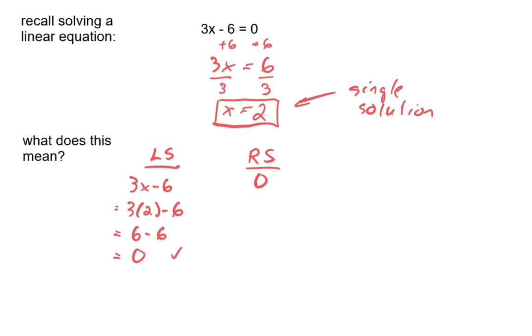So the left side is equal to the right side, and we would say that x equals 2 satisfies the equation, or it's the solution to the equation. And for a linear equation, there is a single solution. There's only one value of x which makes the left side equal to the right side. So let's jump in on what we want to learn today.